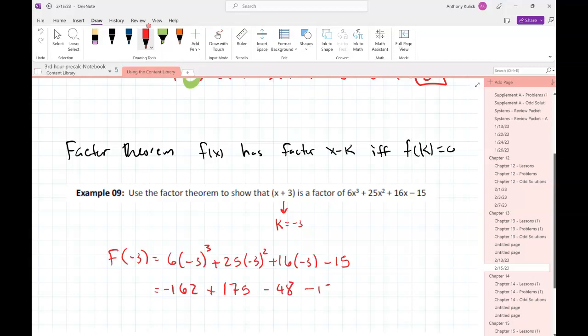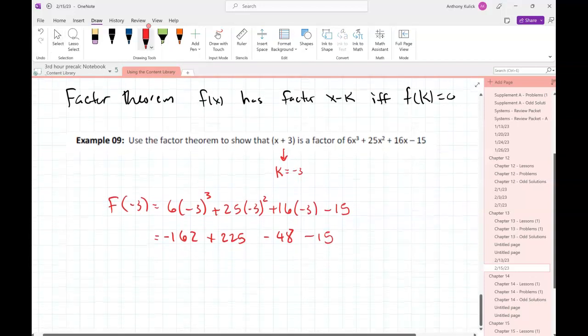And then minus 15. Oh, 25 times 9, that's 225, excuse me. So what I get there is 0, right?